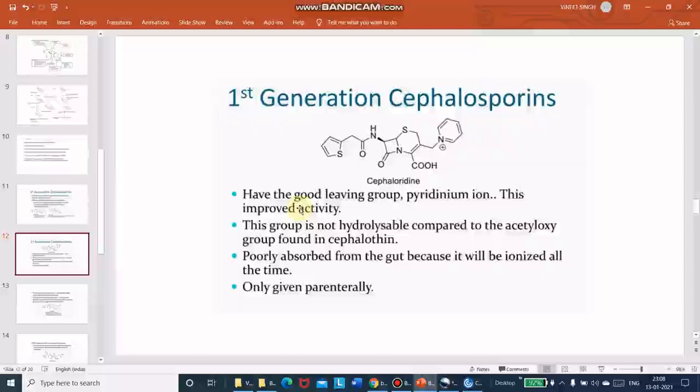This group is not hydrolyzable compared to the acetyloxy group found in cephalothin, poorly absorbed from the gut because it will be ionized all the time, only given parenterally.